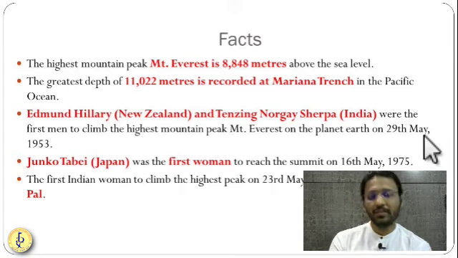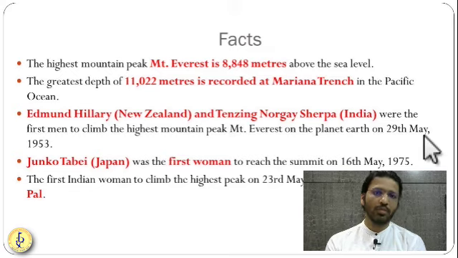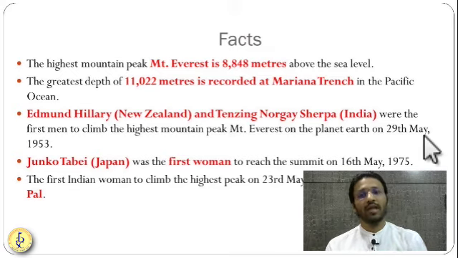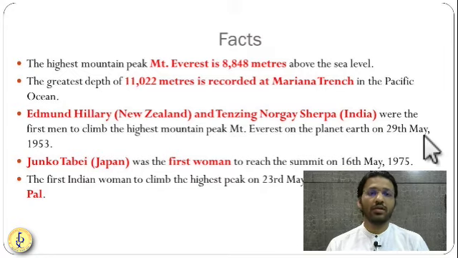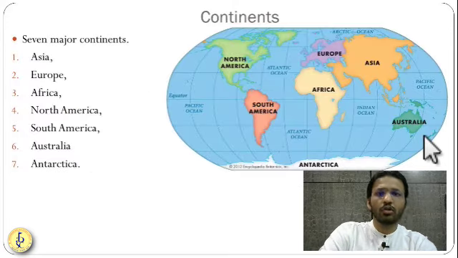And in the case of India, this name is hidden behind the screen, it's Bachendri Pal. Bachendri Pal in the 1980s was the first Indian woman who climbed Mount Everest, from the side of India. These are facts we should remember, which can be asked in our exam. These are very important facts about the lithosphere.